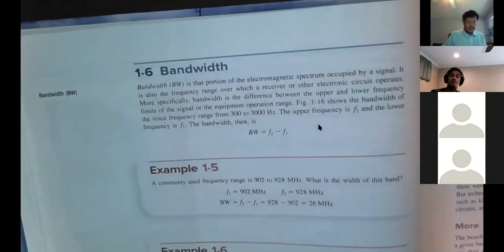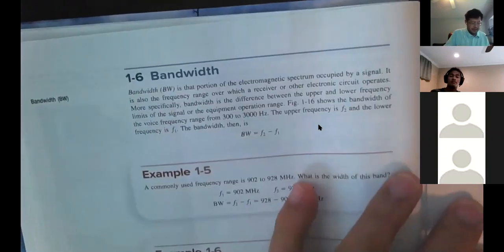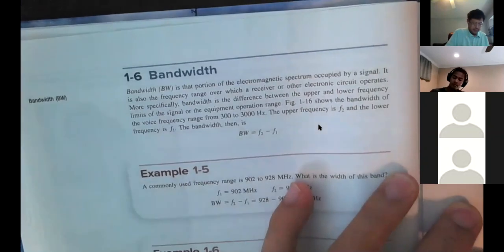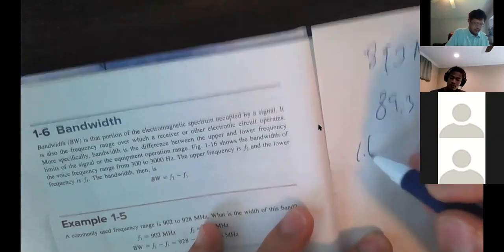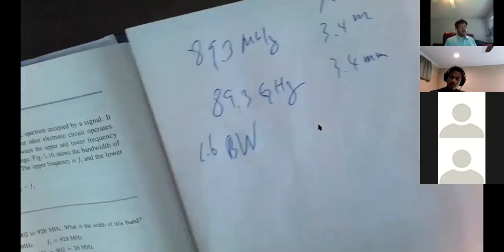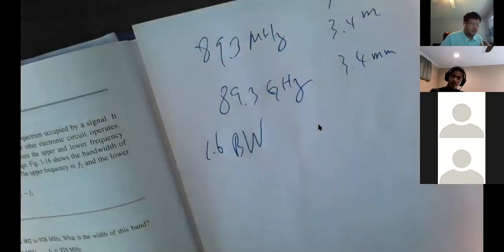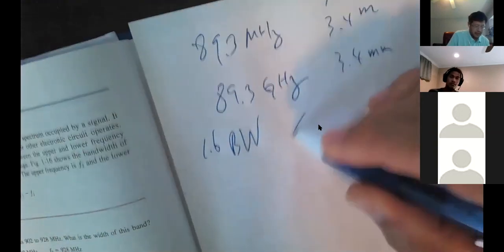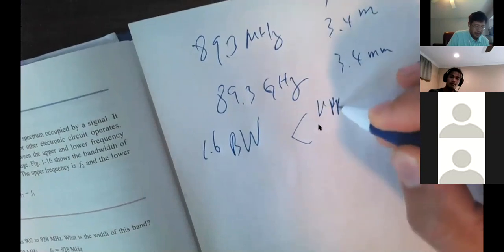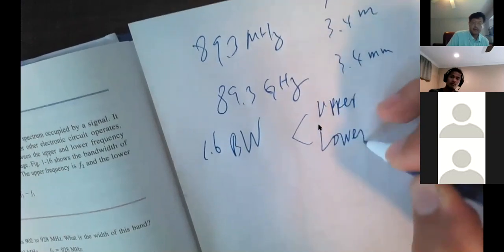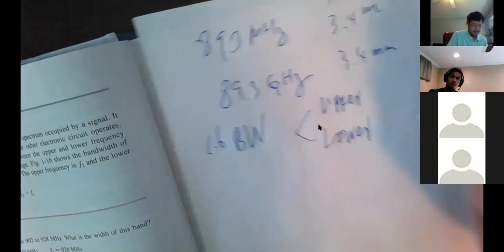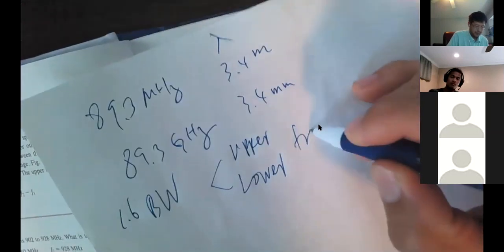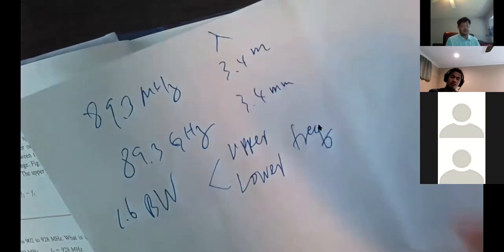The next topic talks about bandwidth. So basically, when you are using radio, you have an upper and a lower frequency.